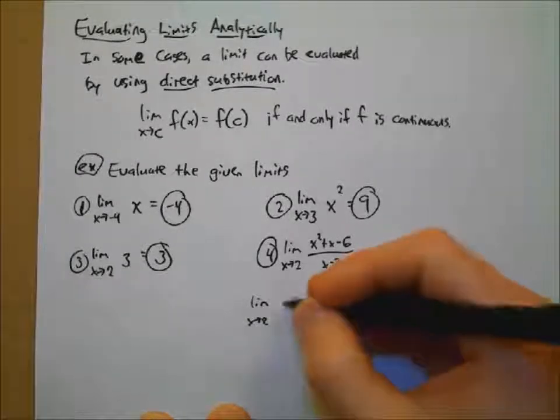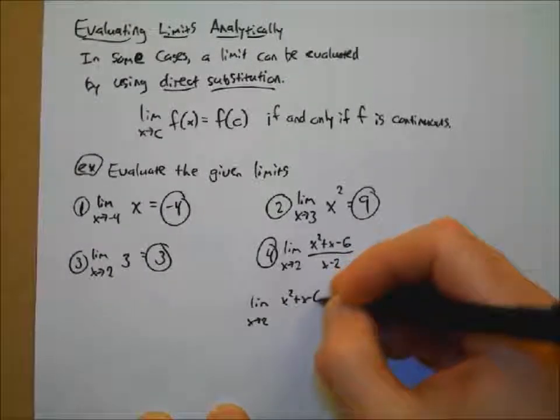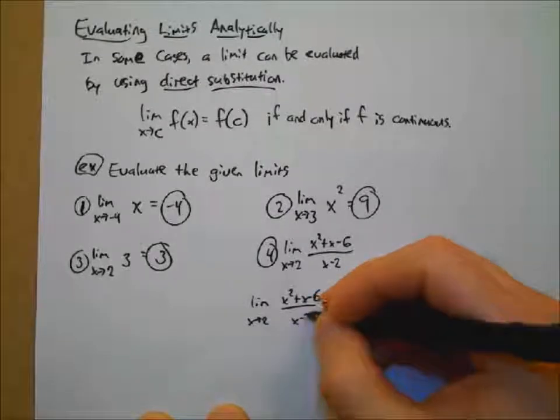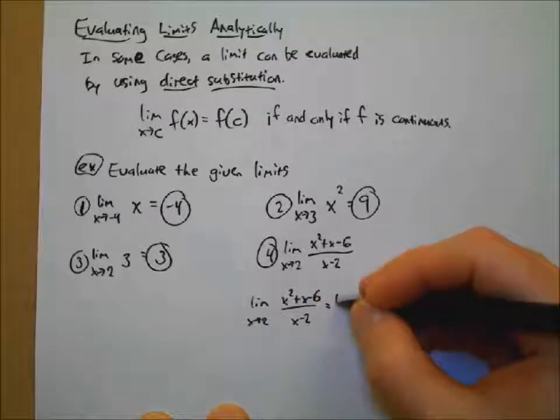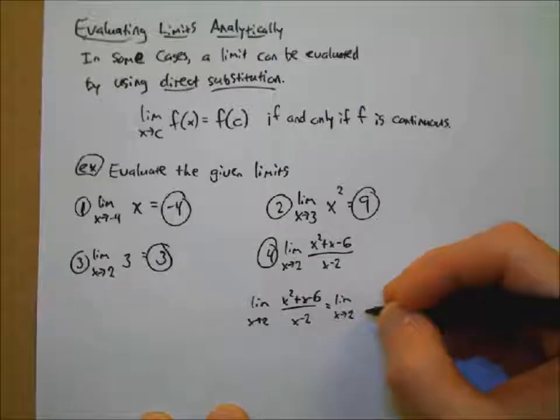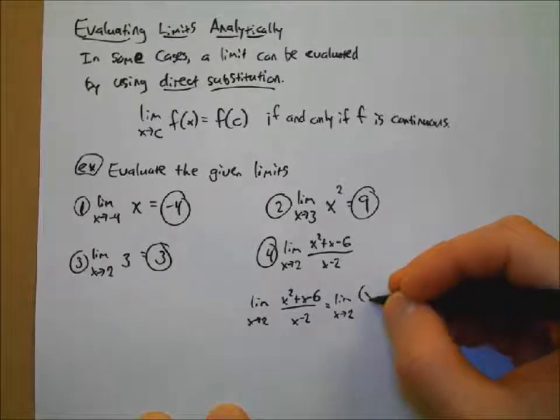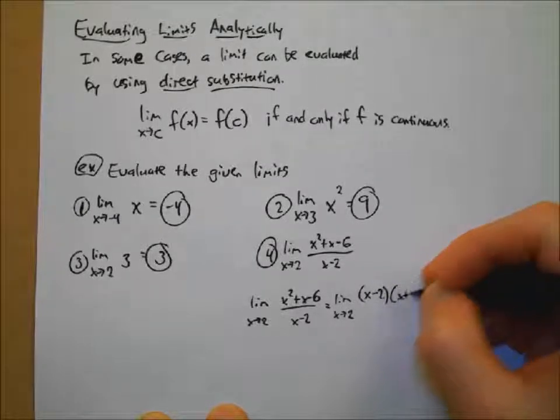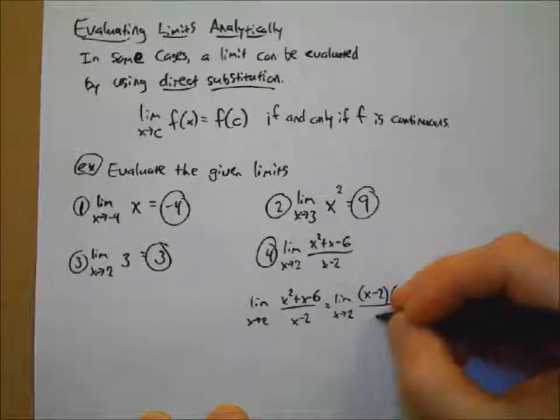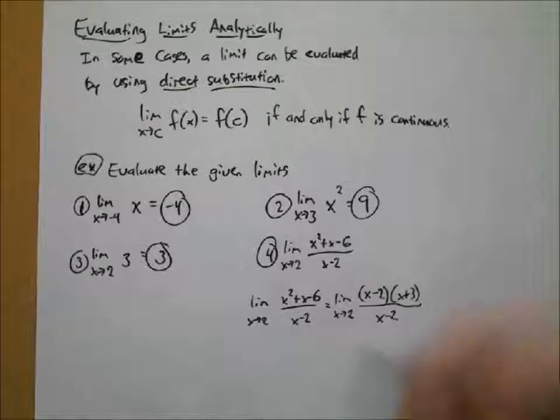Yes, it factors. What does x squared plus x minus 6 factor to be? X minus 2, x plus 3. Very good. And then over the x minus 2. And those x minus 2's cancel.